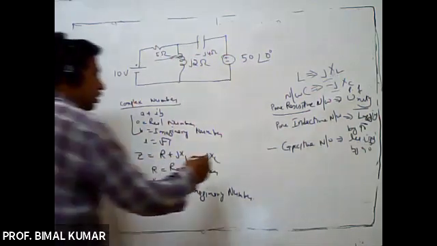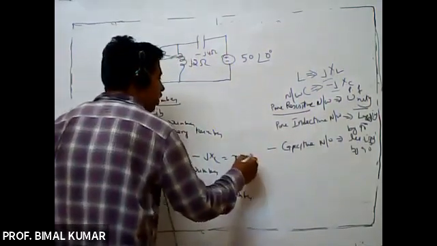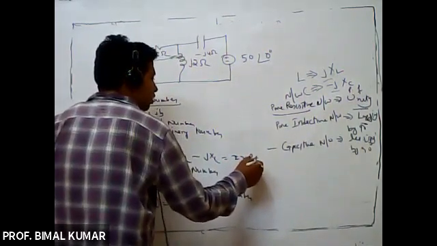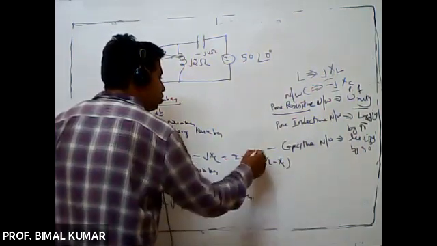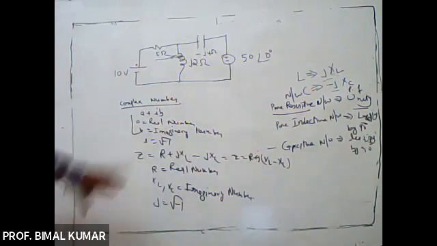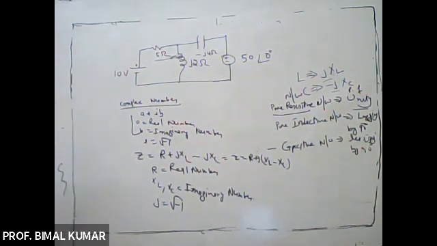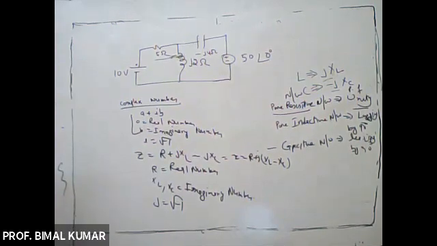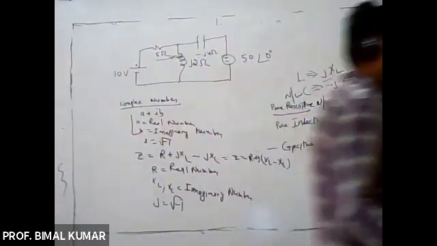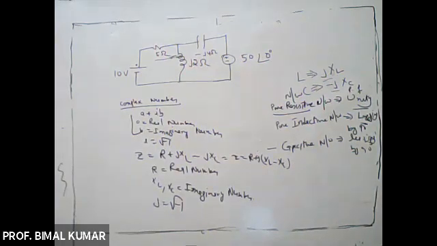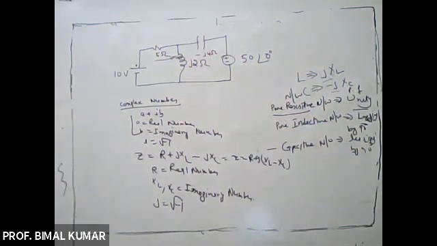So you may take Z is equal to R plus (XL minus XC) into J. If R, L and C are connected in series, then total impedance will be given by R plus J into (XL minus XC). Right?